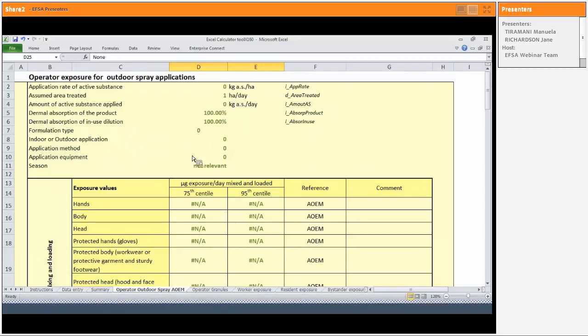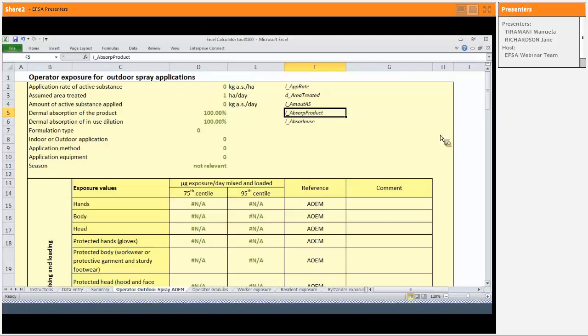Also, obviously, the units are specified here, and it's very important to check when you're entering data that you have the right values. And then we use these variable names. So, for example, here we have the absorption of the product. This is a value that would have been entered in the data entry screen.